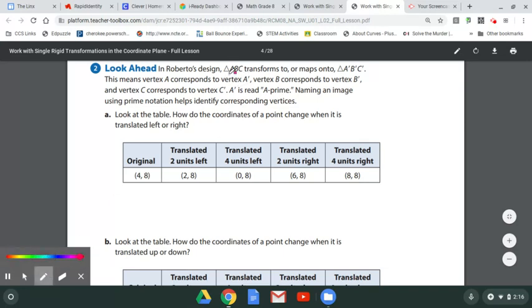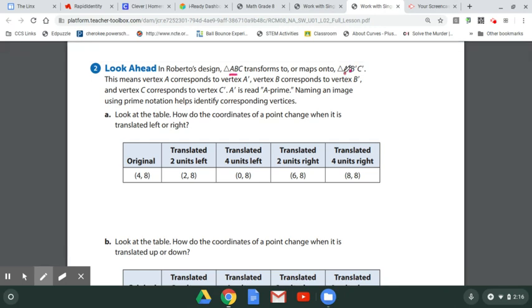See, so here A corresponds to A prime, B corresponds to B prime, and C corresponds to C prime. Okay? A with that little mark is read A prime. Naming an image using prime notation helps identify corresponding vertices.